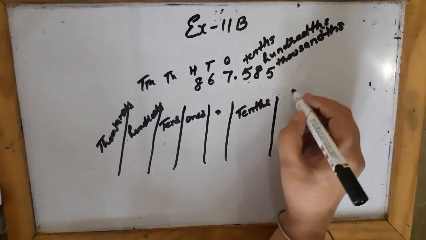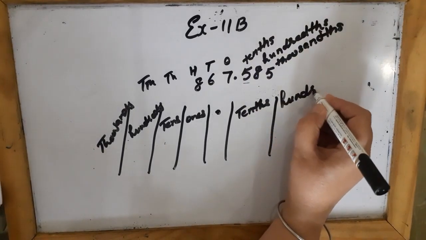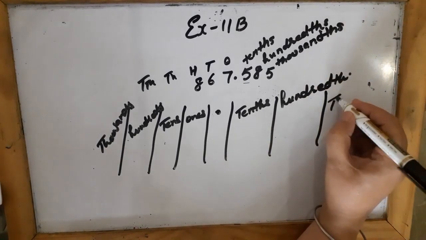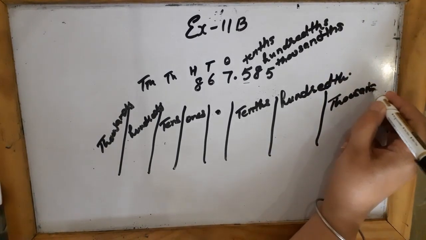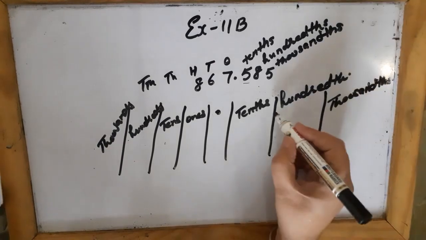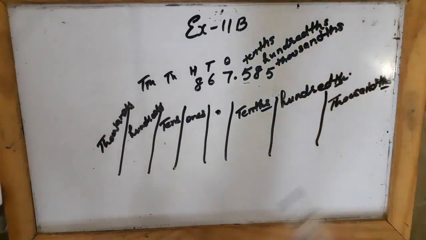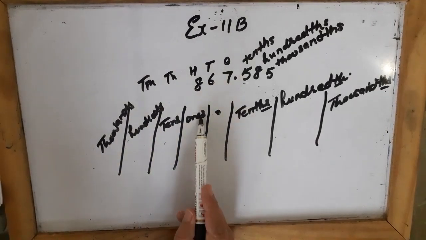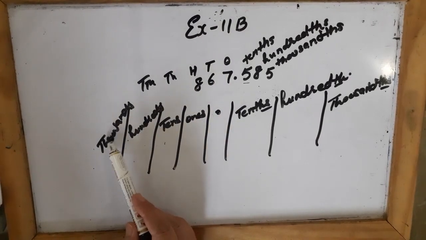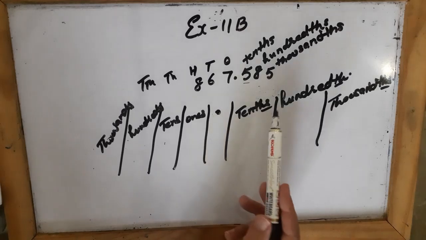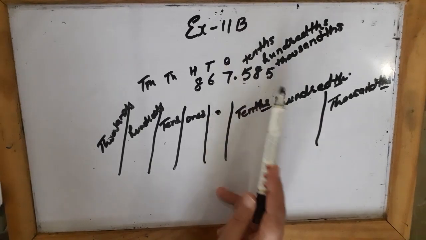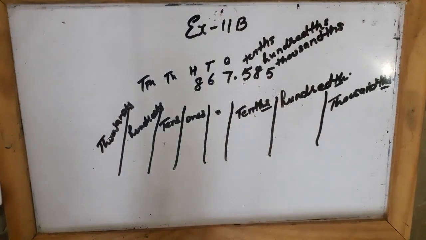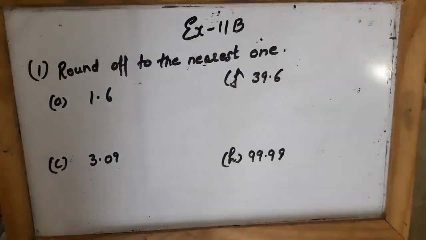Tenths, hundredths, and then thousandths, and then ten-thousandths, like this. So before the decimal, the place values are ones, tens, hundreds, thousands, and after the decimal, for the decimal part, you have the place values tenths, hundredths, thousandths. Now we come to the exercise.